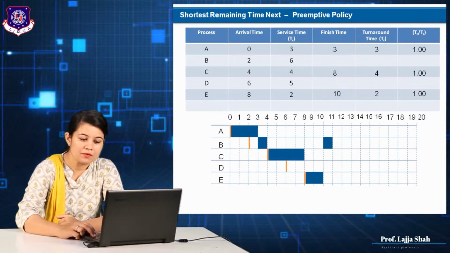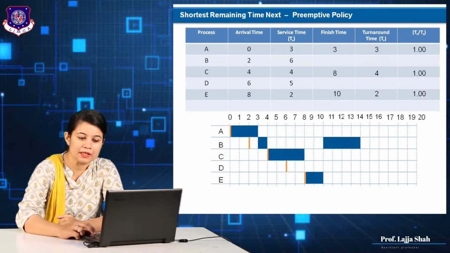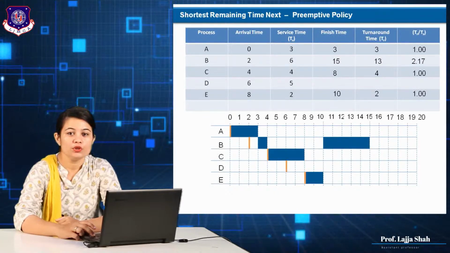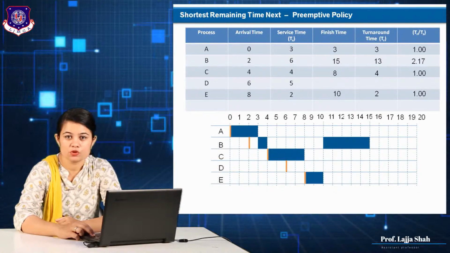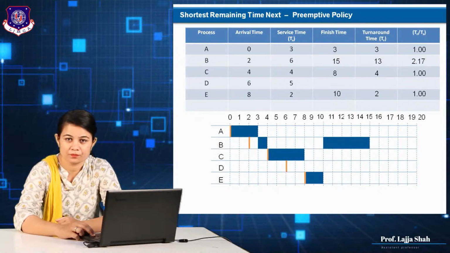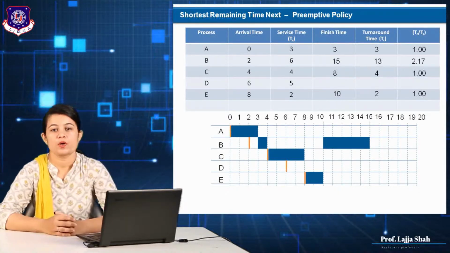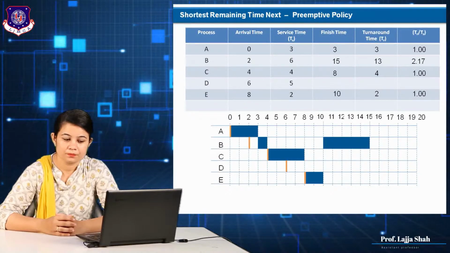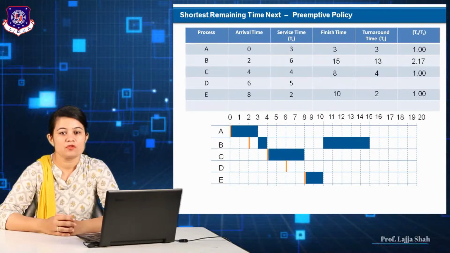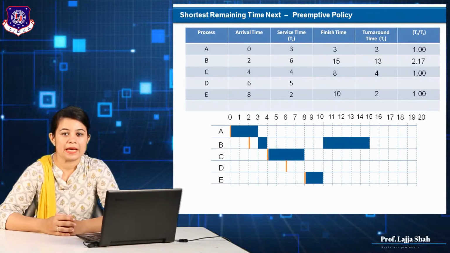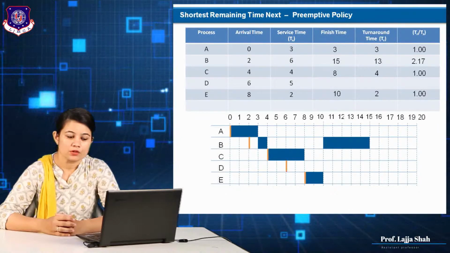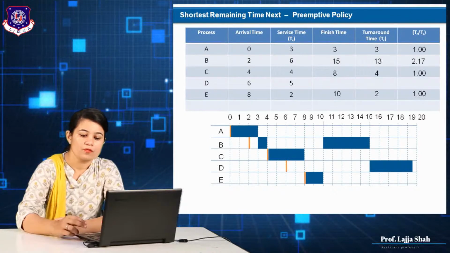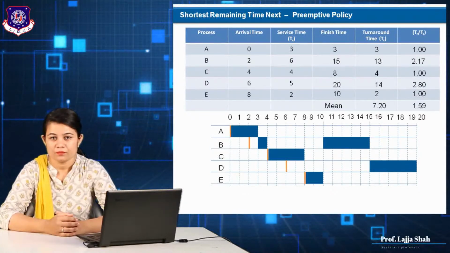Process B will be executed continuously for 5 seconds as there is no newly arriving process in the system, so there is no interruption. After the completion of process B, its values will be recorded in the table. And last, we are left with only one process, process D. So process D will be executed for 5 seconds.